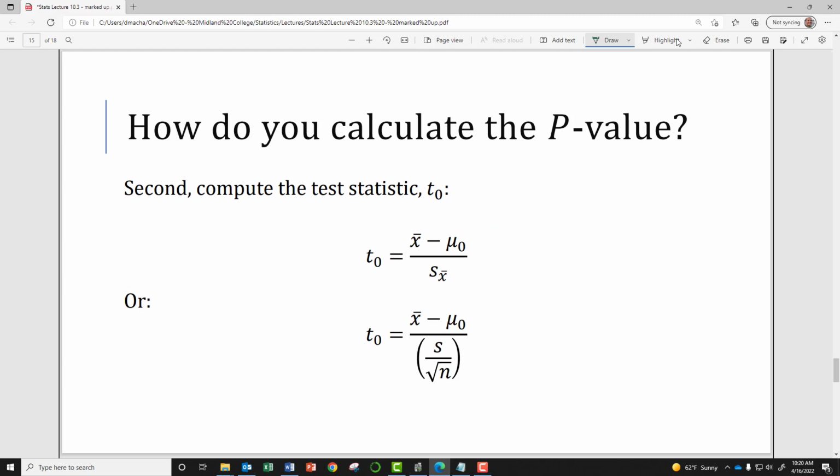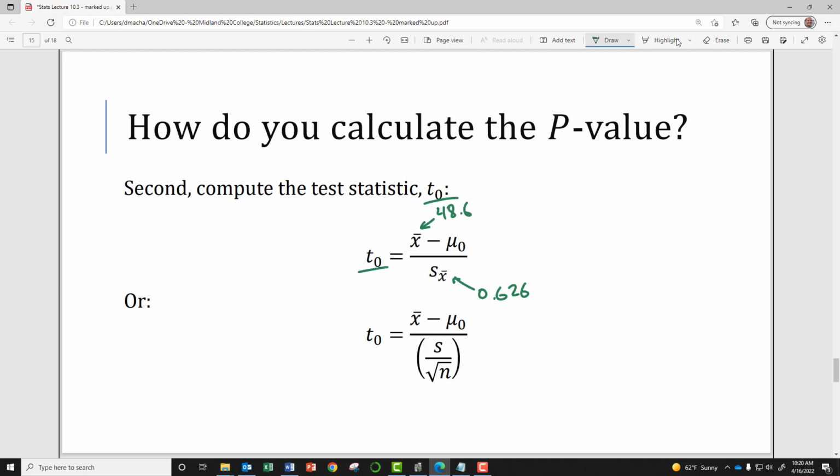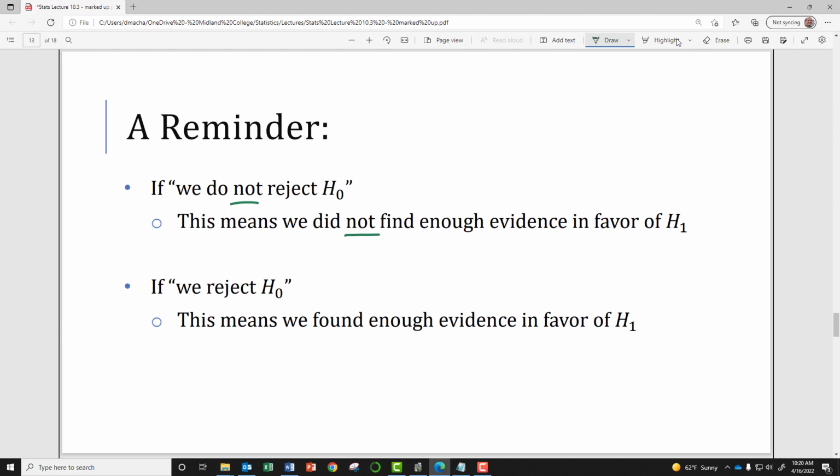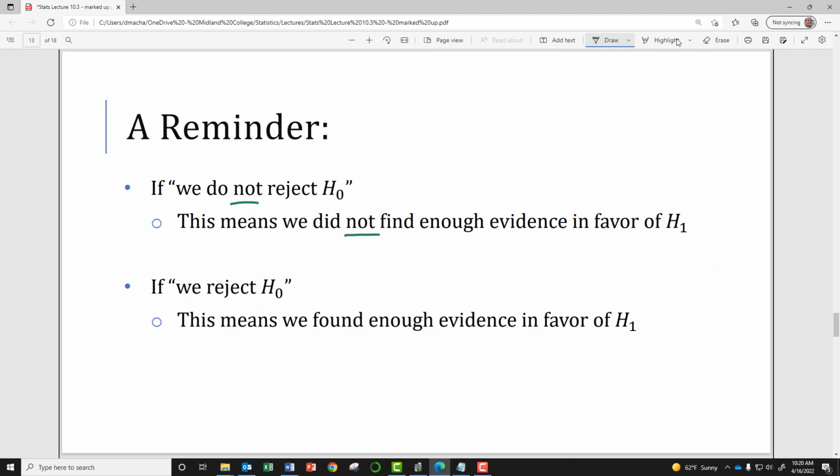Next, we're going to compute a test statistic. And unlike last video when we were using lowercase z naught for the test statistic for the proportion, we're going to use lowercase t naught to be our test statistic for the mean. Okay, so down here in the denominator, that value is 0.626. This x bar is going to be 48.6. And my mu naught, which was the cutoff for my hypothesis, well, that was 47.